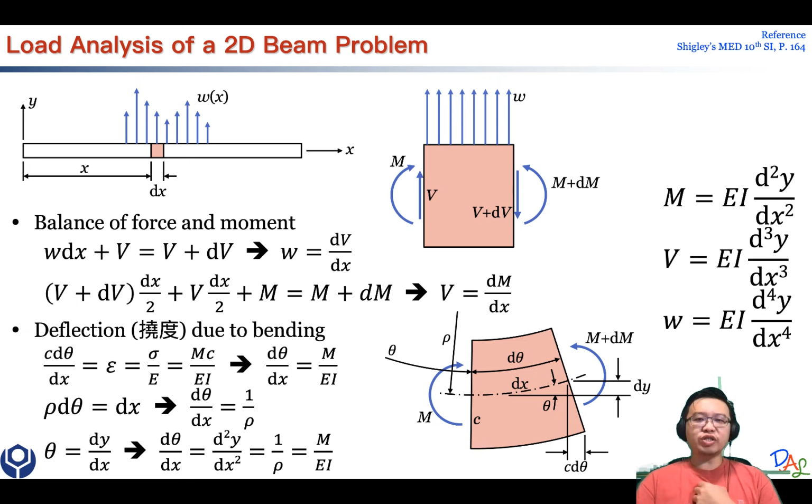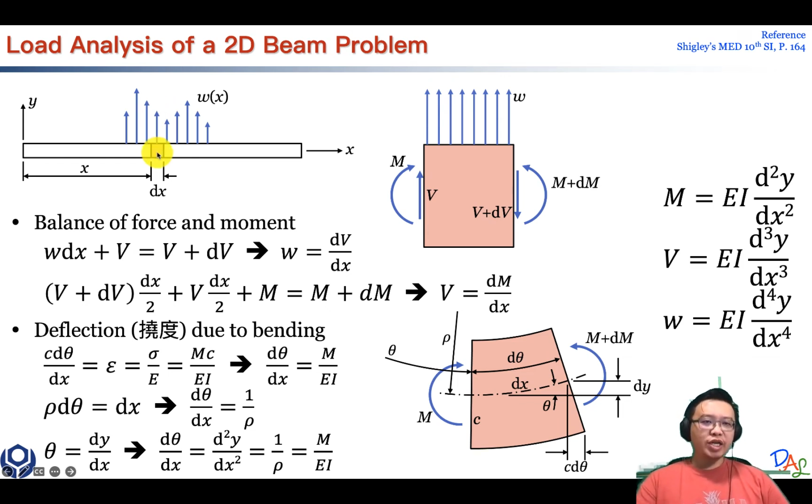Before we start, we need to understand what's going on from the top. Above this beam, there's a profile of external load. It's a distributed load with a function w(x), which means this distributed load has a magnitude of w, and the magnitude is related to the position where you analyze.